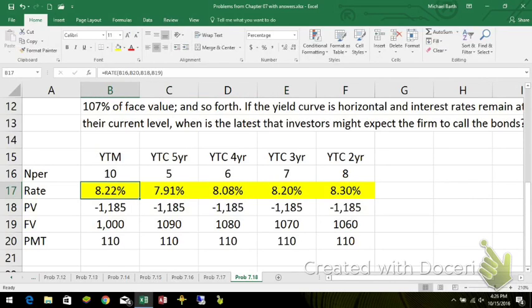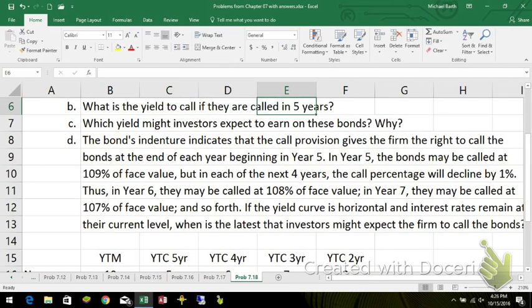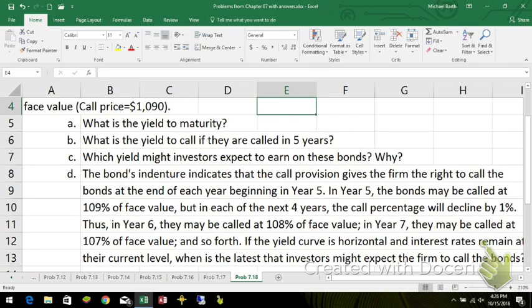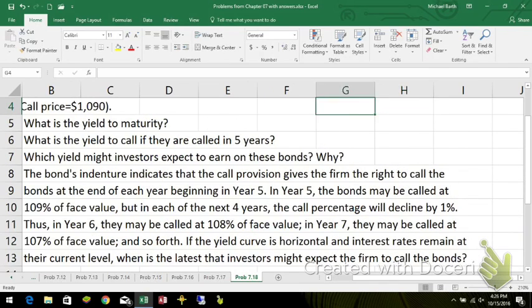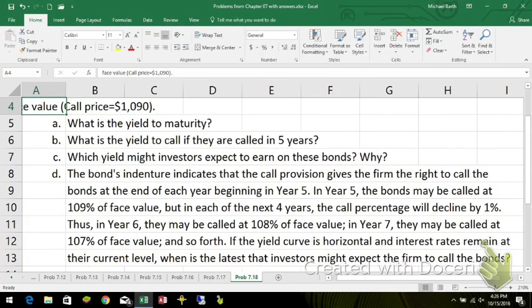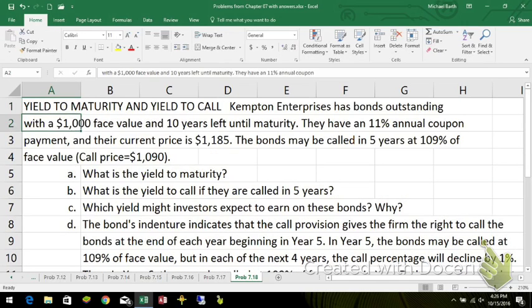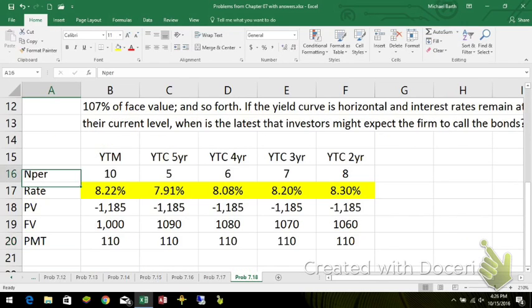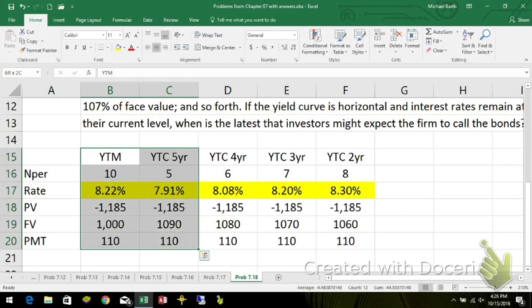Now the assumption built into the pricing is yield to call. Corporations call the bond the first chance they get where they can save some money. Okay, so we could have lived for a long time without doing part D, but that's their convoluted question that they're trying to get to. Generally speaking, the only thing we really pay attention to as investors is the yield to call, assuming the first chance they get.